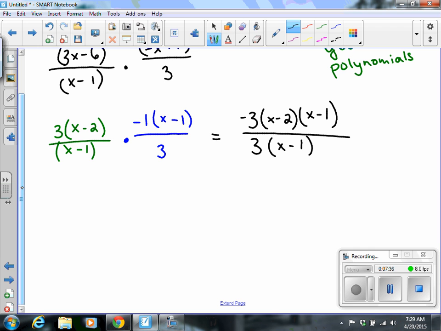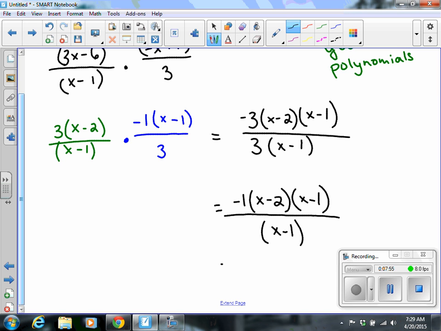So now that I've multiplied my coefficients straight across, now I can reduce. So looking at the negative 3 over 3, I'm left with just a negative 1. I'm just reducing my coefficients for right now, doing this step by step. Well, now looking at this, I know that the x minus 1 can cancel. So I'm left with negative 1 times x minus 2.